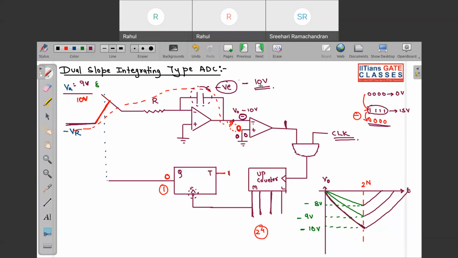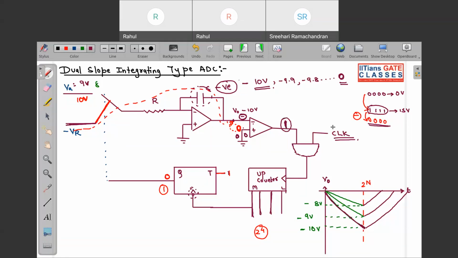Now this is discharging from minus 10 to minus 9.9, minus 9.8, like this till 0 it will go, because less than 0 it cannot go. I will even tell you why. While it is discharging, you can see this is at a lower potential than this one, so the output of this comparator is still 1.